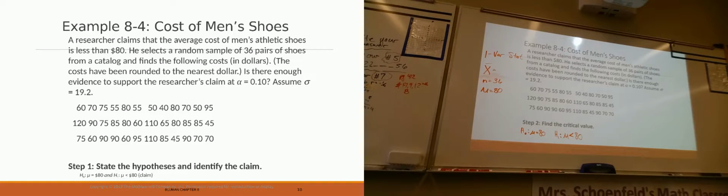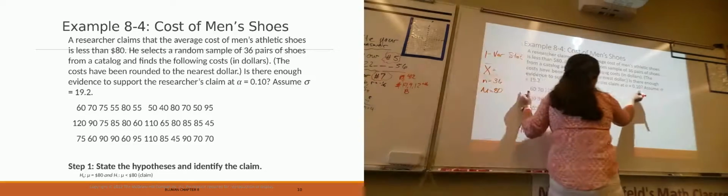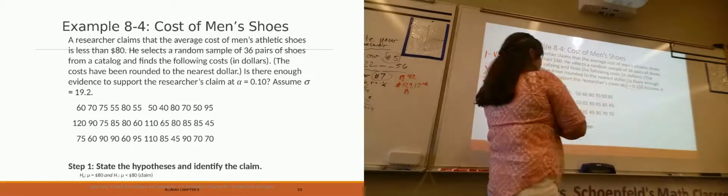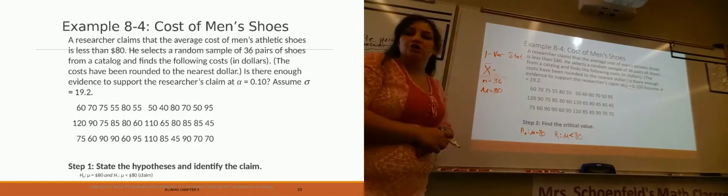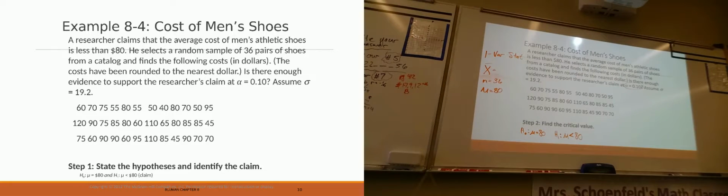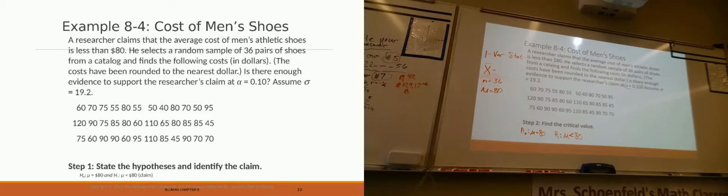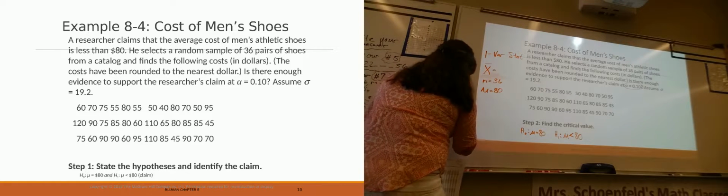Our critical value is going to come from the alpha of 10%, looking at our charts of z-scores. I think it's weird to try to do left and right hand, so I draw myself a picture. That's what I always have to do.